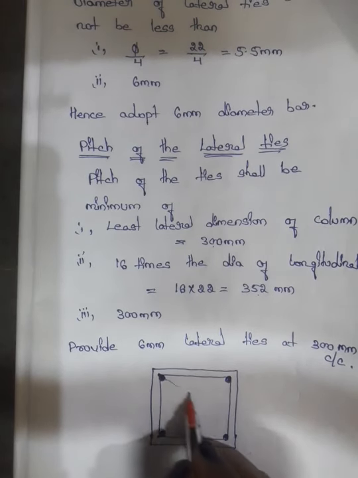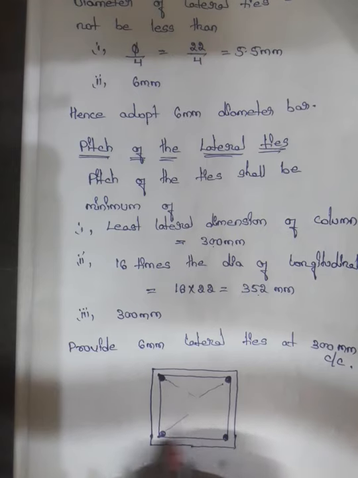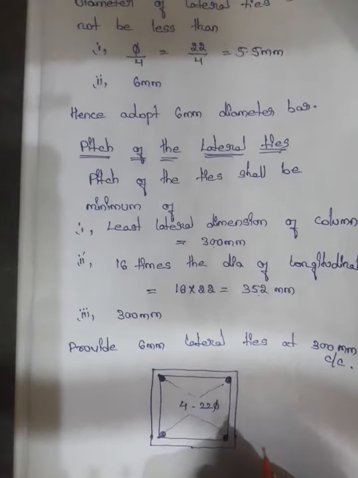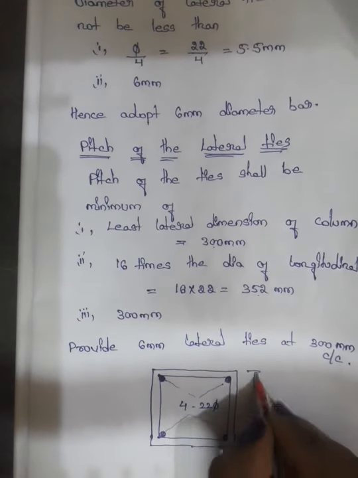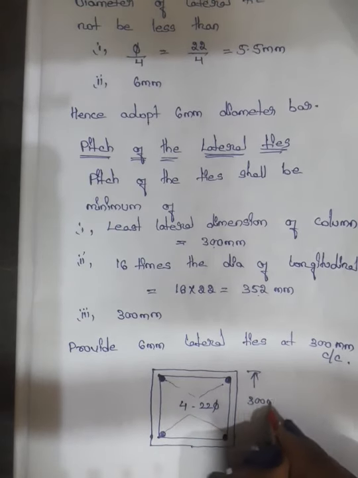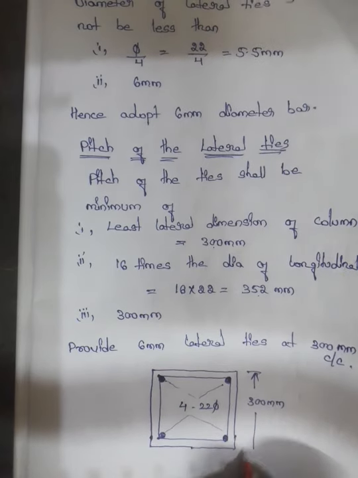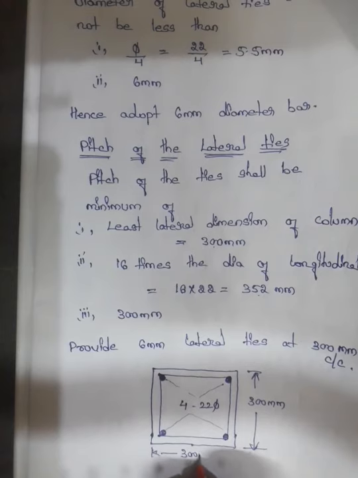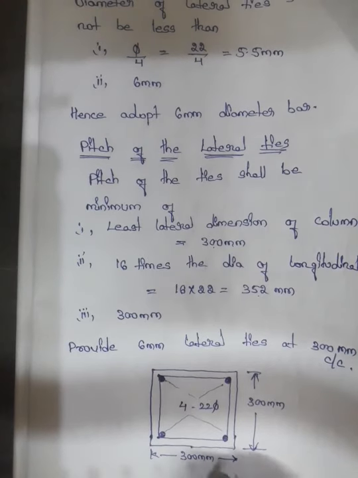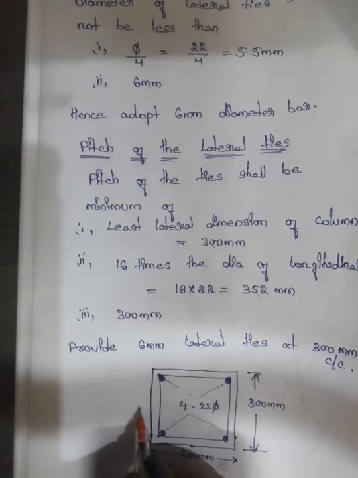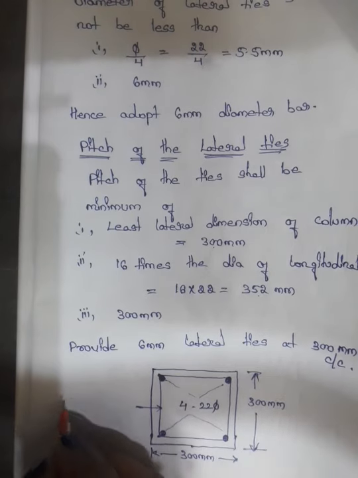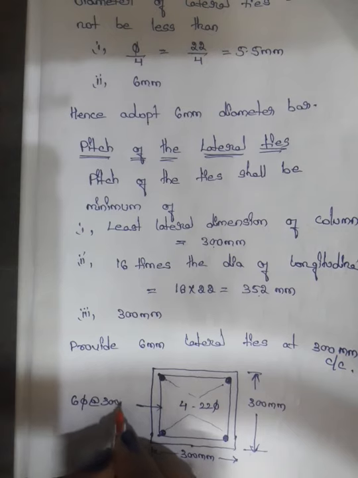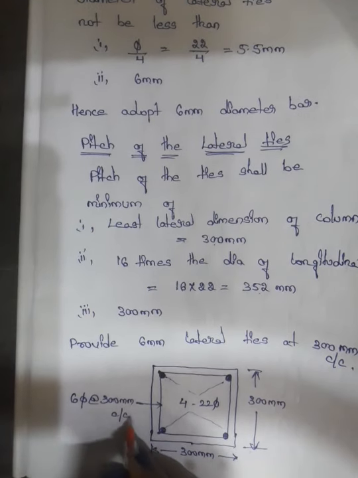And what is the diameter of it? 4 numbers of 22 dia. And its dimensions are 300 mm by 300 mm. And these lateral ties, 6 dia at 300 mm center to center.